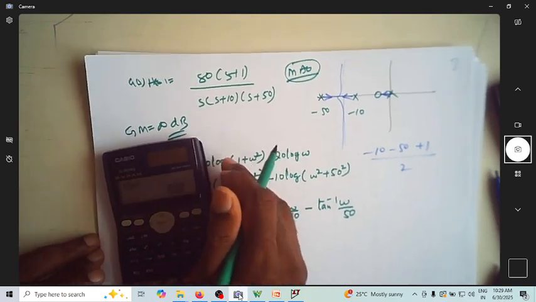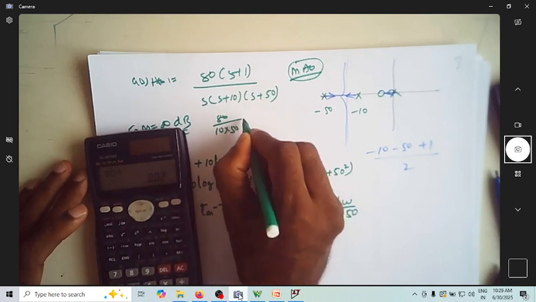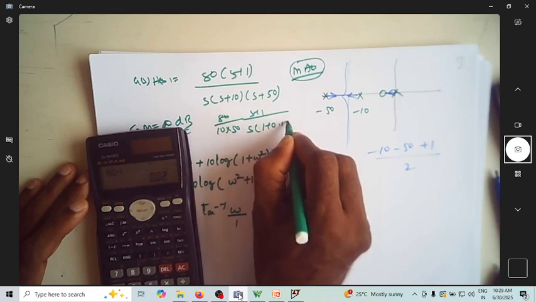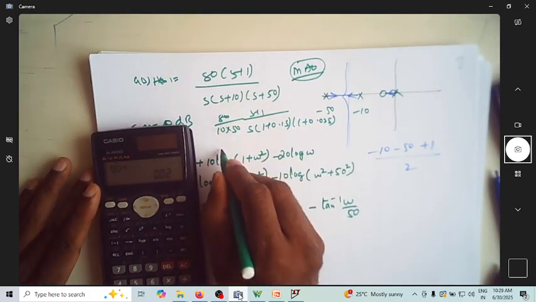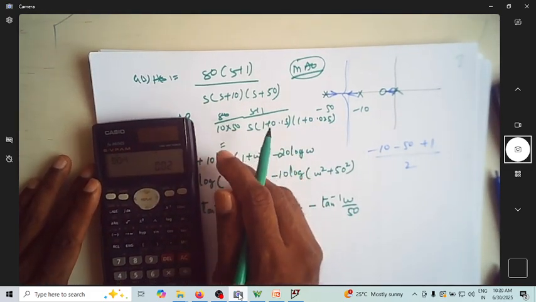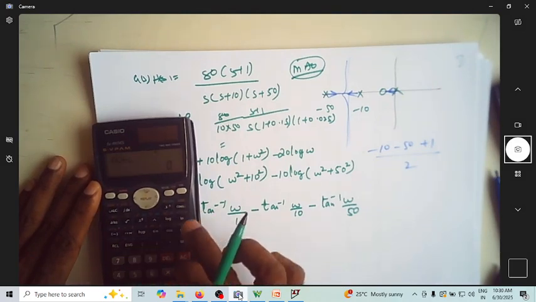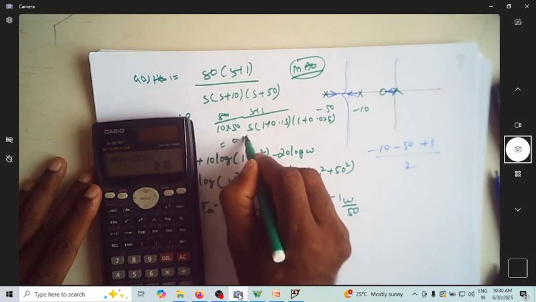So this will be converted to 80 by 10 into 50, times (s plus 1), over s into (1 plus 0.1 s) and (1 plus 0.02 s). So what is the magnitude? This K in system gain will become 80 divided by 500, which would be 0.16.